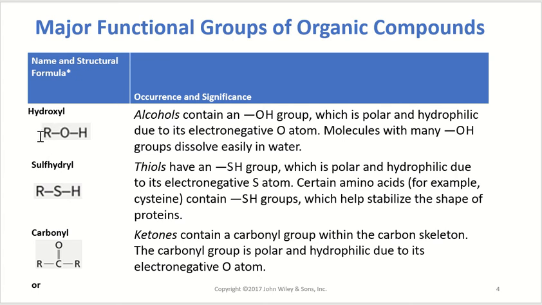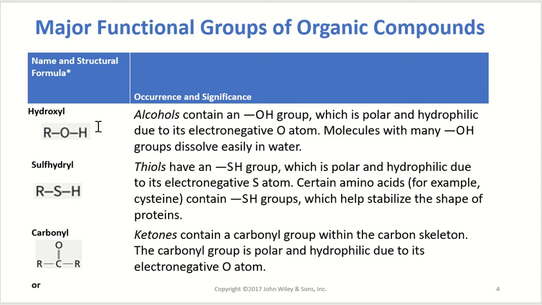R, in my mind, just stands for random thing that it's attached to. A lot of times it'll be part of the carbon skeleton. This is just indicating that this OH group, this hydroxyl group, is going to be attached to something else.